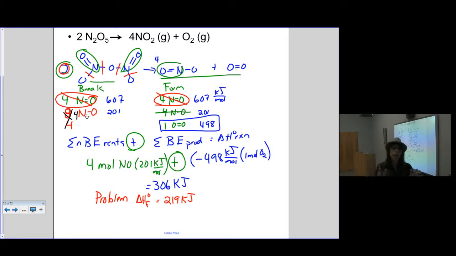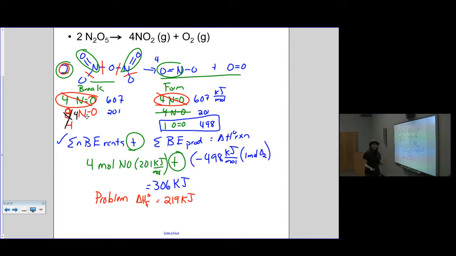Any bond that is a carbon-carbon bond, or any bond that is an NO, not specifically for these bonds like they are for delta H of formation. So we're kind of in the same range, but bond energy is more of an estimate. You'd use this when you don't really know what that bond energy might be, where you haven't been able to find it out. That way you can at least see if you've got an endothermic or an exothermic reaction. You can see roughly the range that it ought to be in.